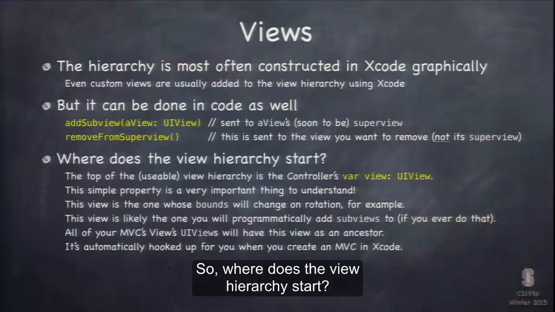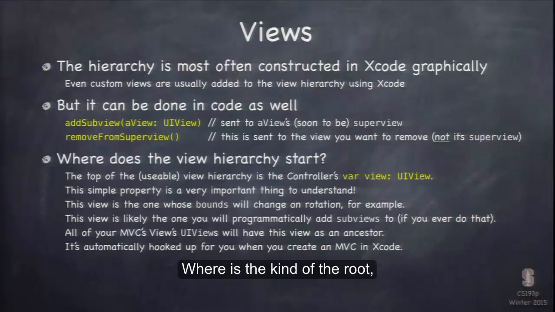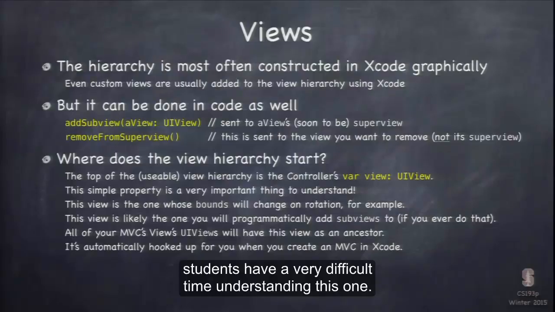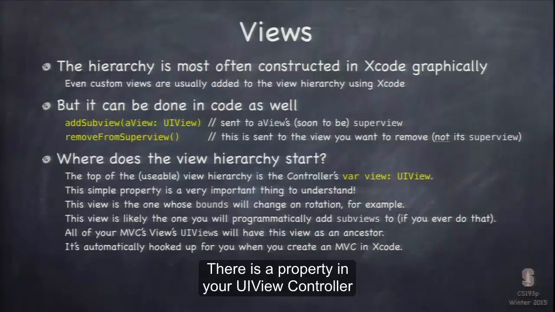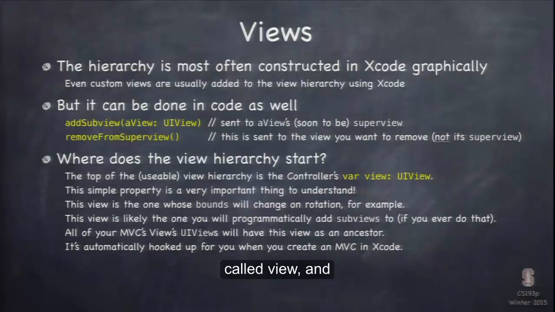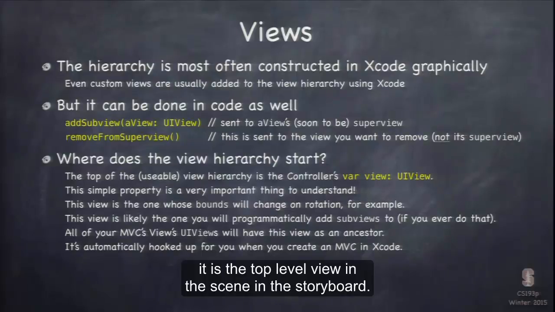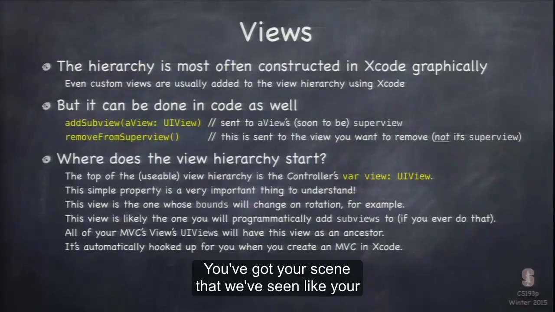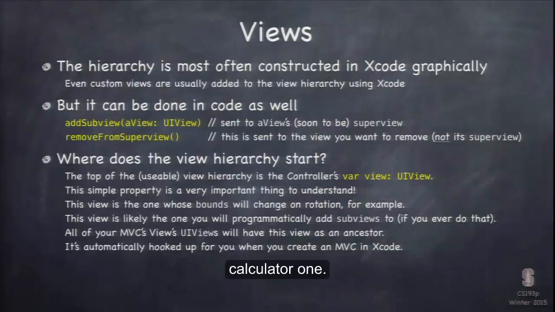All right, so where does the view hierarchy start? Where's kind of the root, the top level of this view hierarchy? And the answer is very simple, but for some reason students have a very difficult time understanding this one. There is a property in your UIViewController called view. And it is the top level view in the scene, in the storyboard, right? So you have this storyboard, you've got your scene that we've seen, like your calculator one.